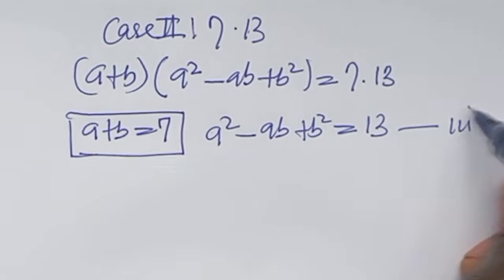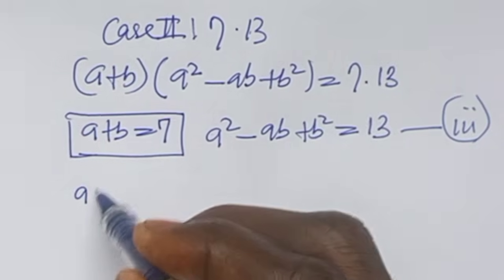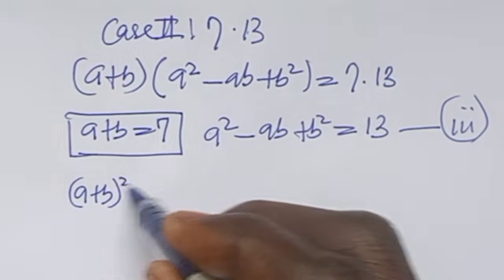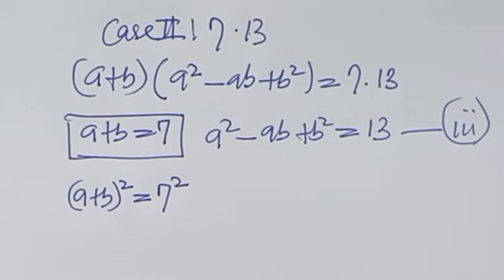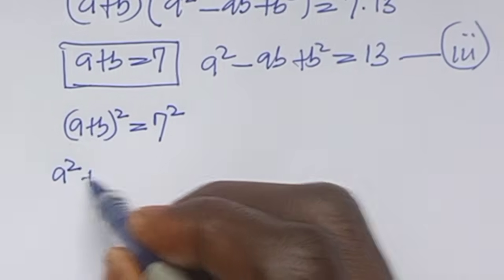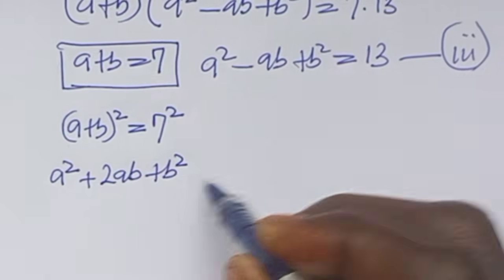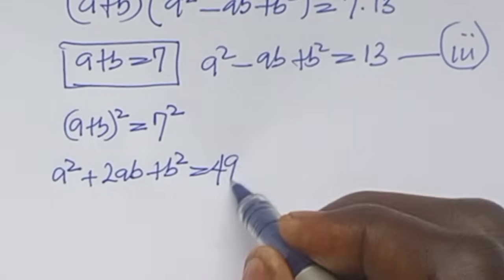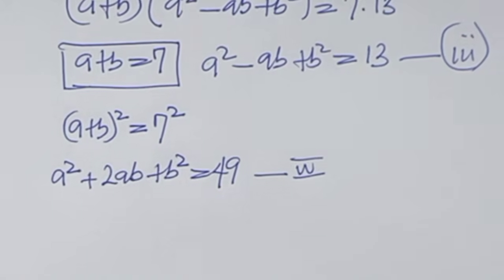We call this equation 3. And from here, we have a plus b, and if we square both sides, 7 to the power of 2, it becomes a to the power of 2 plus 2ab plus b to the power of 2 equals 49. 7 to the power of 2 is 49, and we are going to call this equation 4.